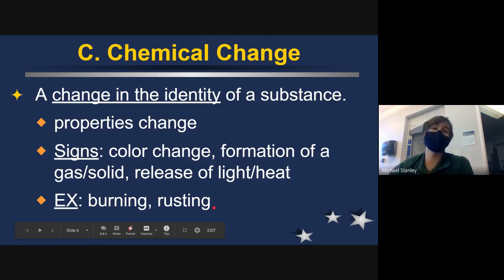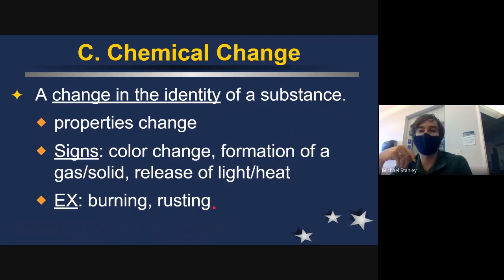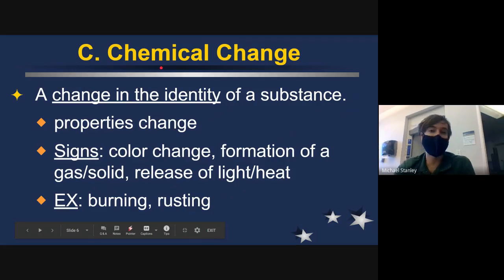Rusting is also a good example of a chemical change. So if you ever left a bike outside for multiple seasons, you'll see the chain or the wheels get a little bit rusty, you'll see that brown flaky stuff start to appear. That's happening because of a chemical change between the oxygen and the iron in the metal.